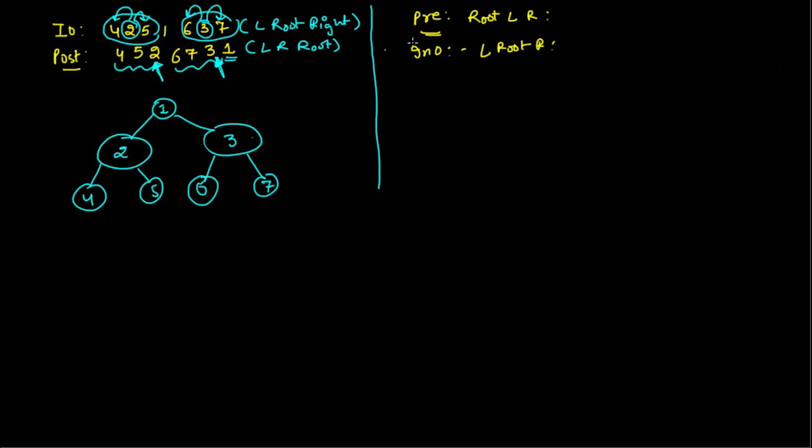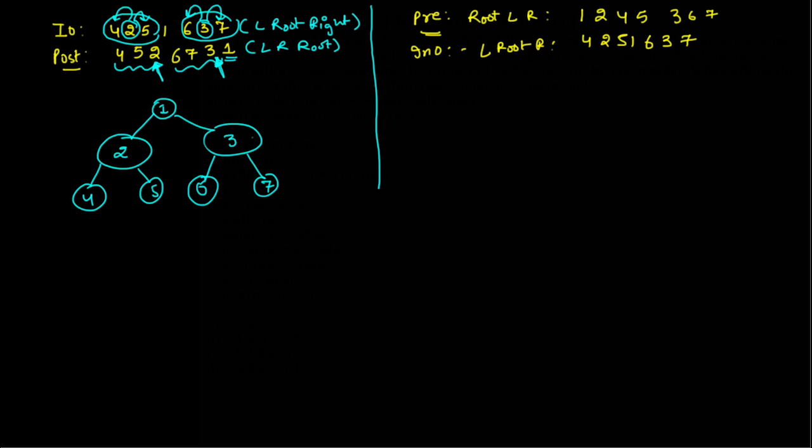Now for this tree the root is 1, and the left is 2, and then it's going to print 4, 5, and then it's going to give us 3, 6 and 7. And what is the in order? In order is 4, 2, 5, 1, 6, 3 and 7.